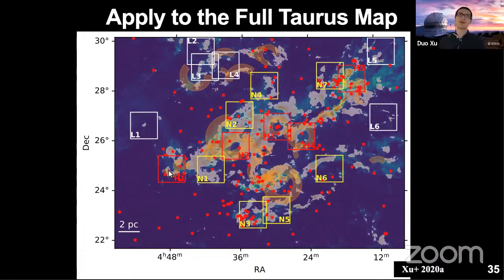That's a great question, because our model is only morphology based. So it's only identifying features that have coherent velocity gas and whose morphology is similar to bubbles or outflows. If humans cannot disentangle the morphology caused by turbulence or YSOs, then this algorithm cannot either, because it's purely morphology based.